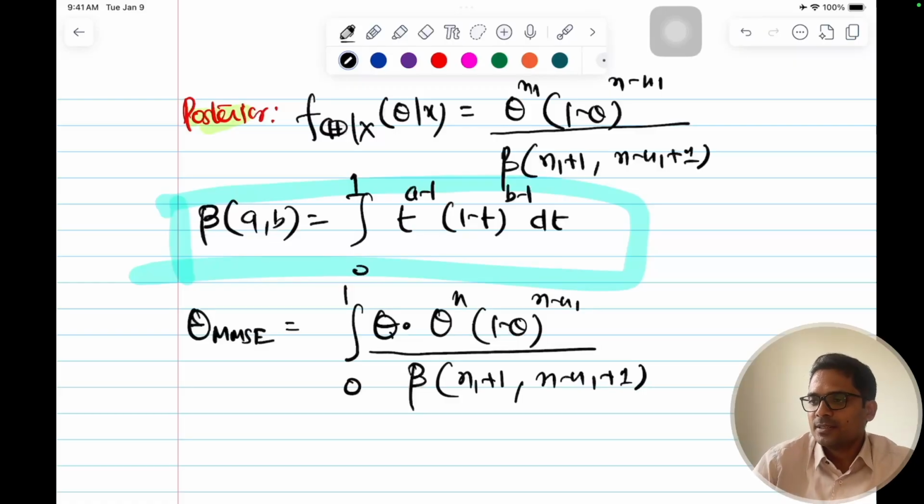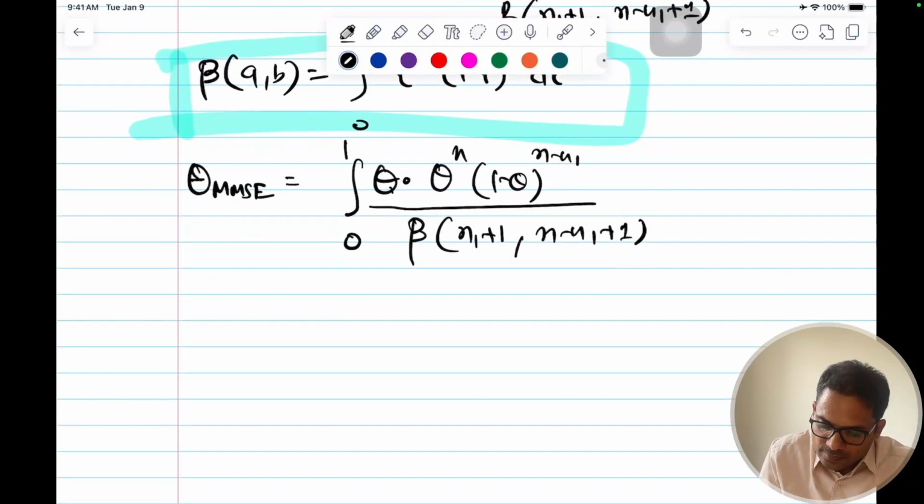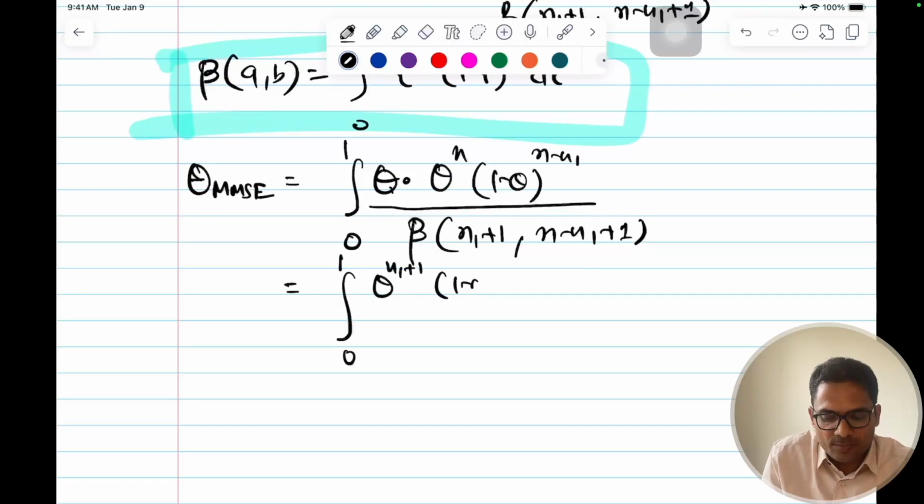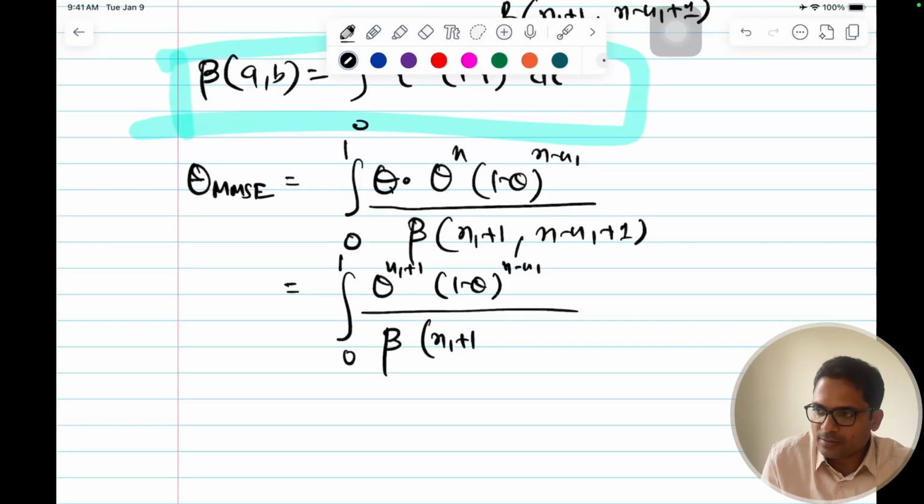So what will be this value? This theta will come here, so this becomes the integral from 0 to 1 of theta to the power n1 plus 1, 1 minus theta to the power n minus n1 remains as it is, and the denominator is a beta function already, n1 plus 1 and n minus n1 plus 1.